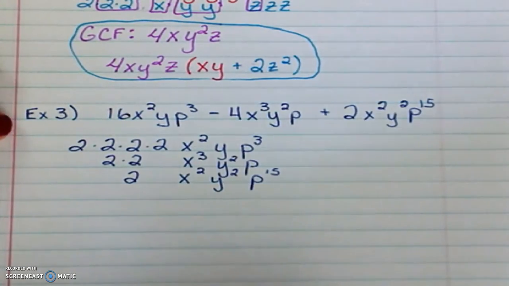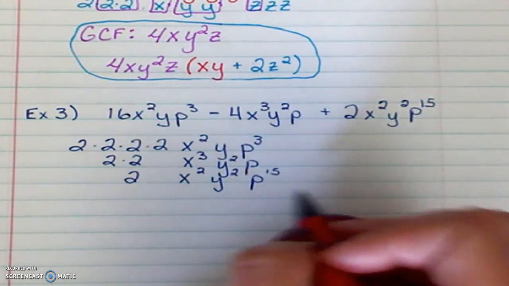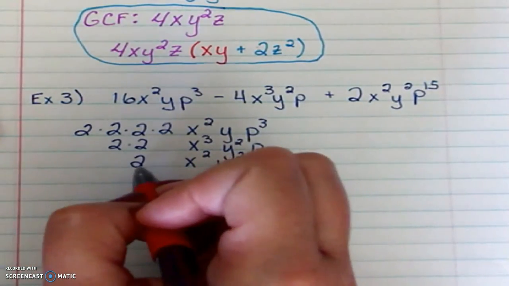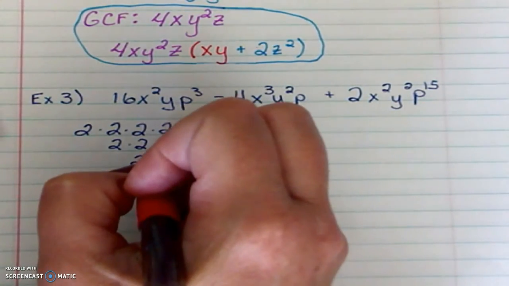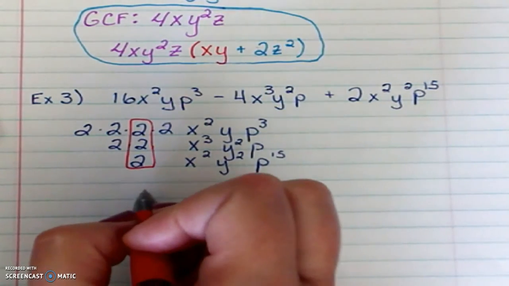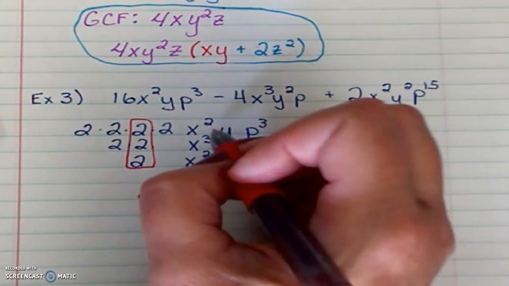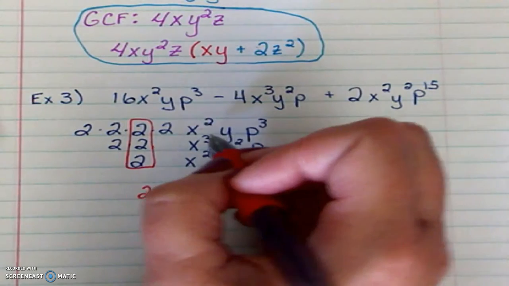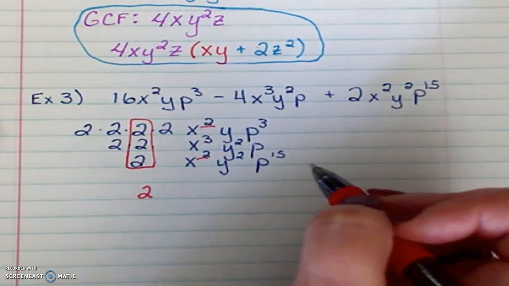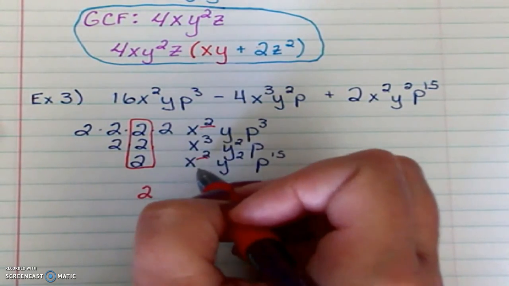Okay, this last example I did leave it as exponents, and the reason for it is because I did not want to write out 15 p's. So if I look at just the numerical factors, the only thing that occurs in all three terms is 2 to the first power. As far as the x's are concerned, if I were to write these out, the most that I could take out of every single one is just x squared. I do not have 3 of them to remove from the first and the third term.